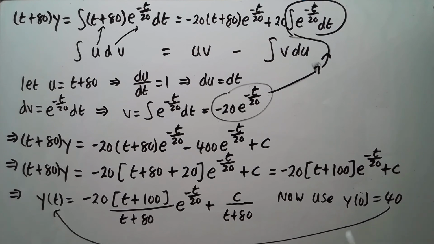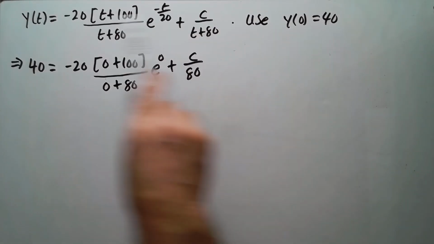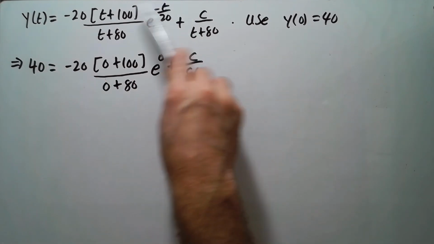So we're going to use y(0) = 40. So I'm going to put 40 in place of y(t) here, and 0 in place of t here, here, here, and here. I'm out of space, so let me erase it, then we'll keep going. So we're putting 40 in place of y over here, 0 in place of t up here.